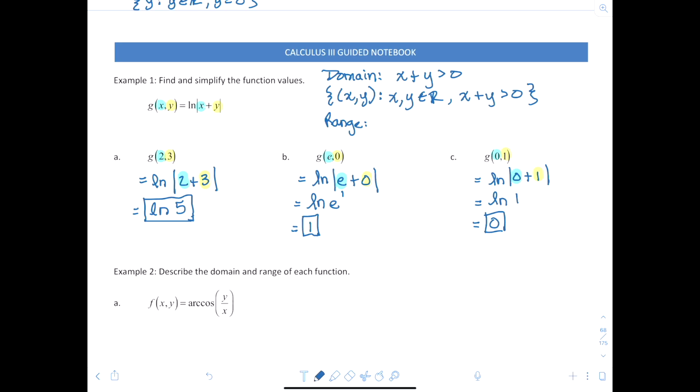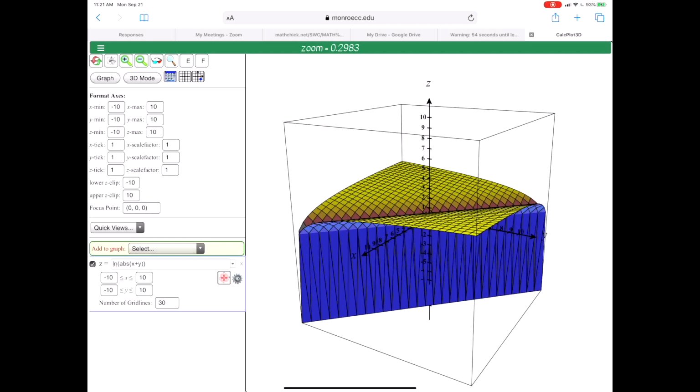And so basically our range, therefore, would be some z such that z belongs to the real numbers.